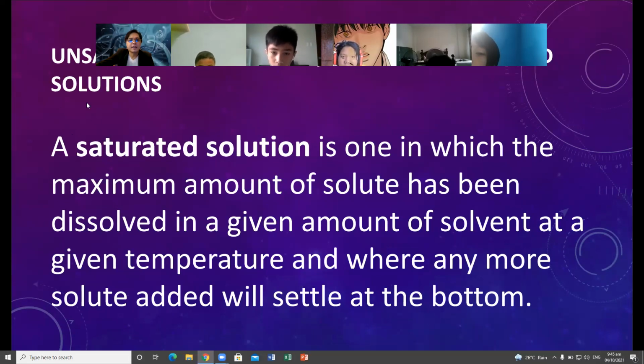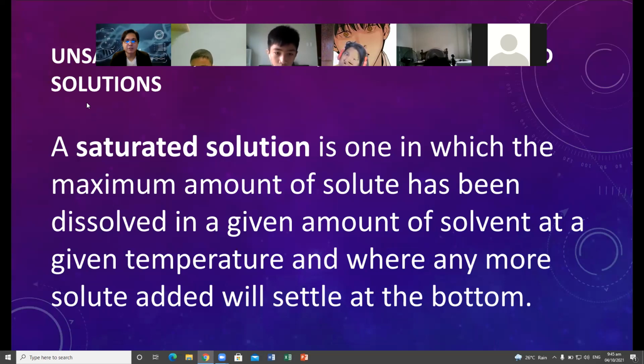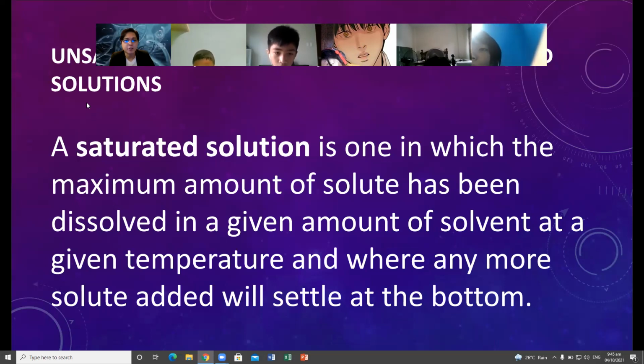A saturated solution is one in which the maximum amount of solute has been dissolved in a given amount of solvent. If you have a given solvent and you dissolve the maximum amount of solute in it at a given temperature, any more solute added will settle at the bottom, meaning there's no space left for the added solute.